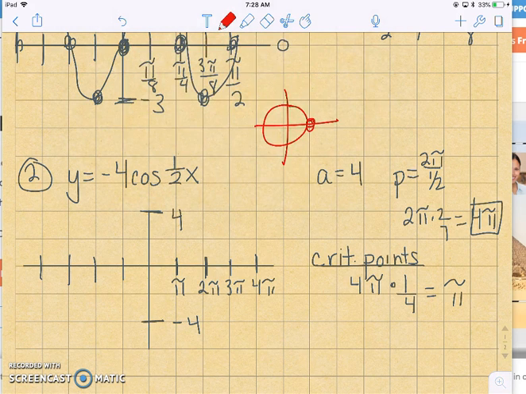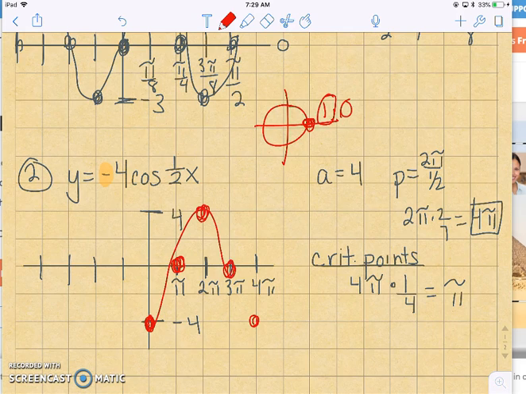Our start at 0 degrees is 1, 0, so cosine usually starts at 1. Since our amplitude is 4, but because of this negative, it's going to start at -4. Then it goes to our mid, our high, our mid, our low. And if we follow it backwards here, we have that one.